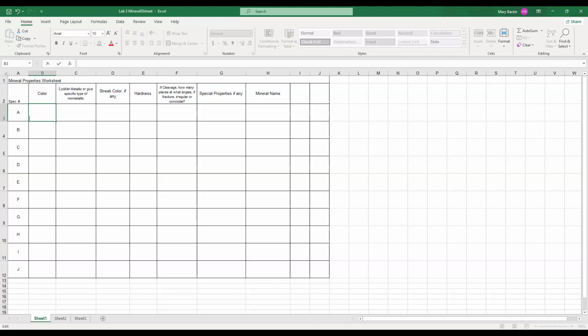And then your streak plate is 6 to 6.5. So those are the things that you have to test your specimens with for hardness. And then you should have a magnet. That's the last thing that you should have in your kit.